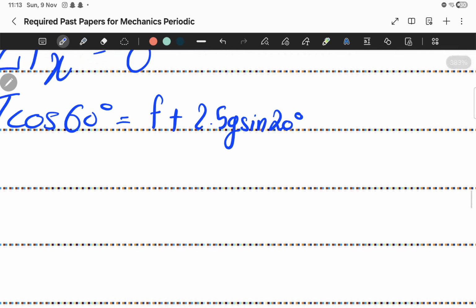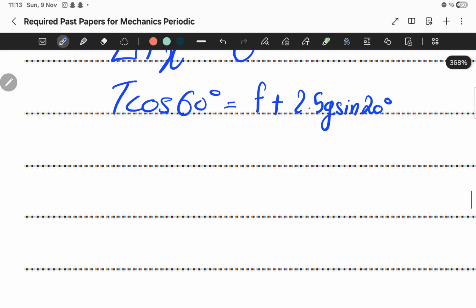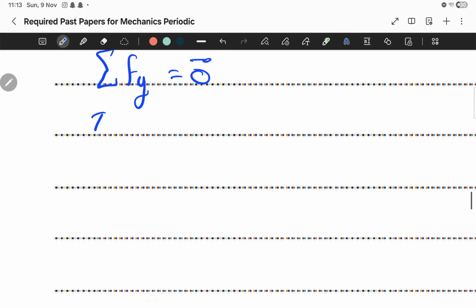Okay, now I'm going to stop here. So now I'm going to write sigma of Fy equals 0. So T sine 60 degrees plus the normal is equal to 2.5 g cosine 20.